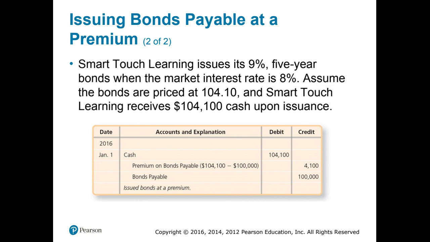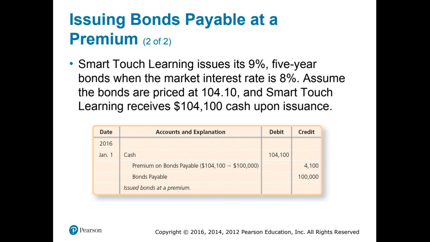So we're going to take that 104,100, subtract out the 100,000, and that tells us that our premium on this bond was 4,100. And then our bonds payable, because it was a $100,000 bond, would be credited 100,000.